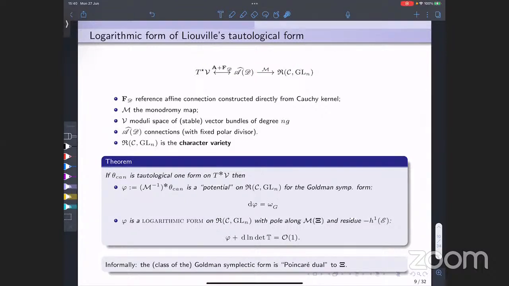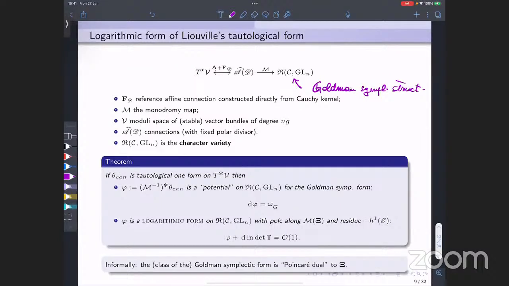Now, both the cotangent bundle here and this character variety are Poisson manifolds. In fact, they are symplectic manifolds. This one in a tautological way using the Liouville form, as any cotangent bundle is. This one less trivially, because this is due to Goldman, the Goldman symplectic structure.